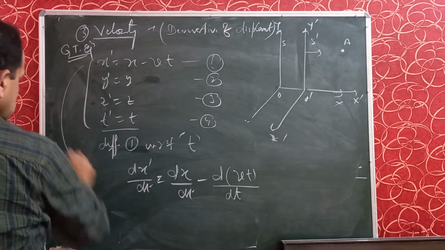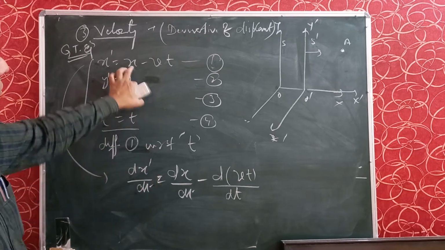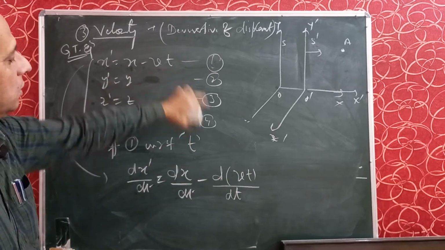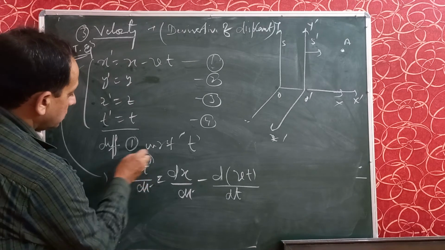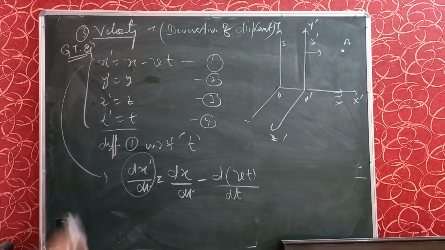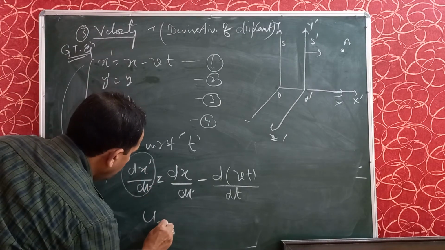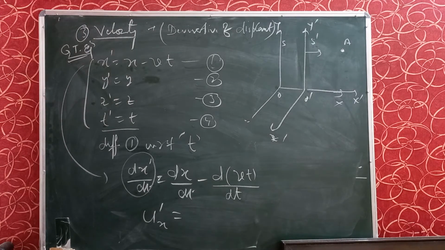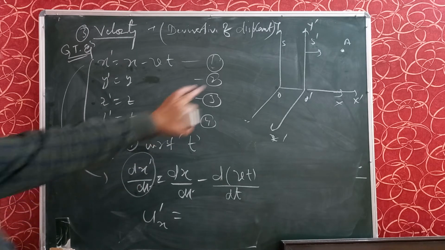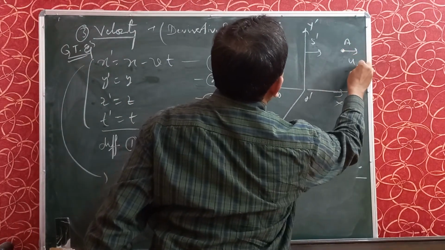So I did actually the derivative. Now dx' upon dt, this is the velocity x component in the S' frame. It is taken as ux'. I am using dx upon dt as ux. Why u? Because v is the velocity of the frame and u is the velocity of the particle.